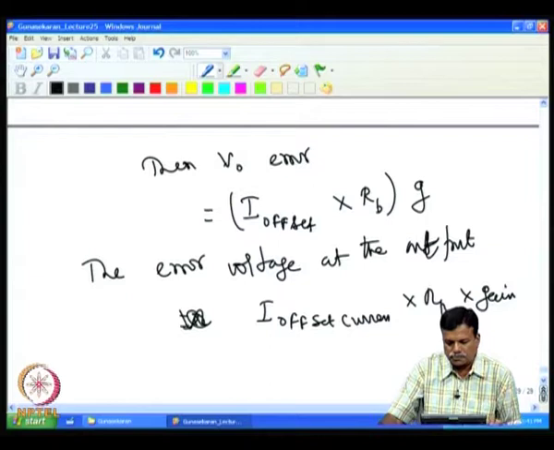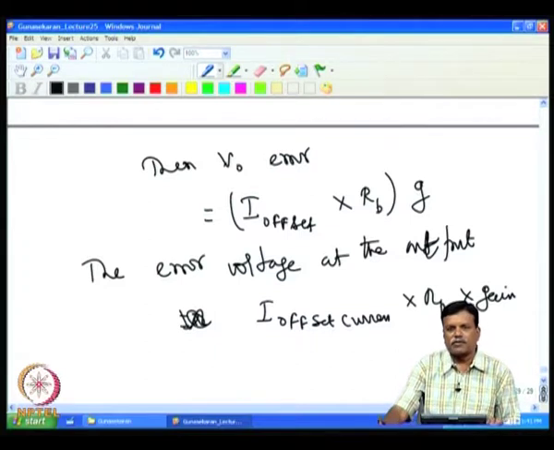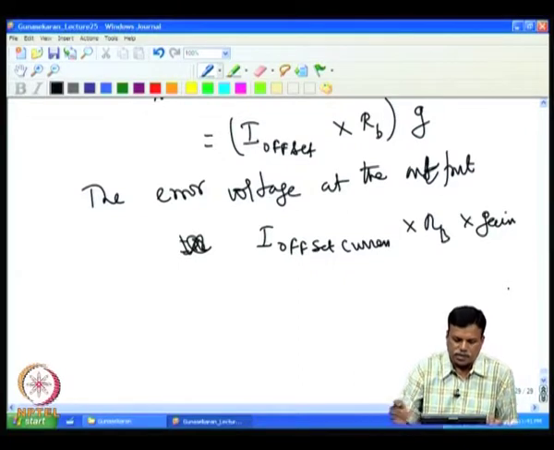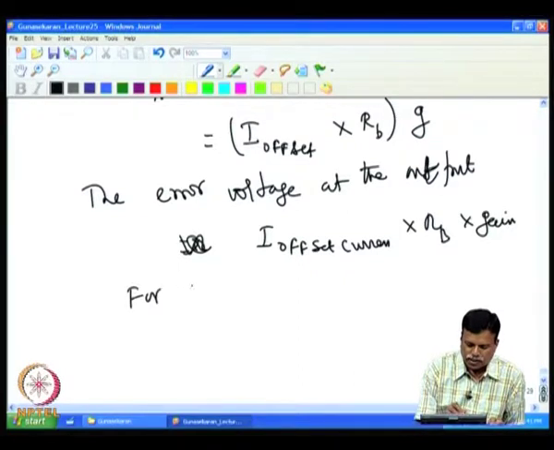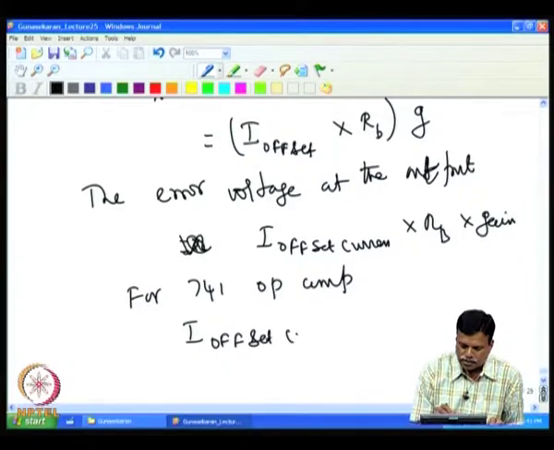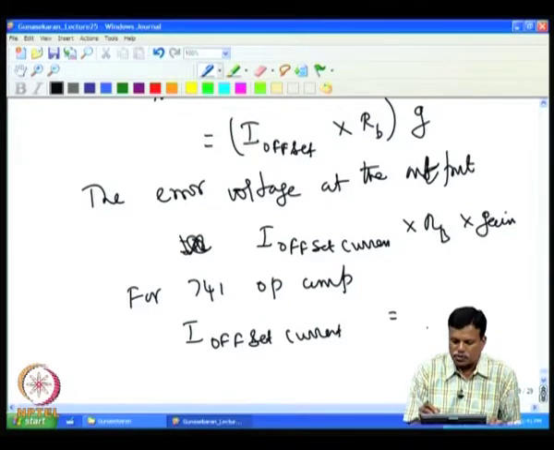Now, this offset current depends on the op amp. For example, for a 741 op amp, the I offset current is, for example, about 1 nanoampere.